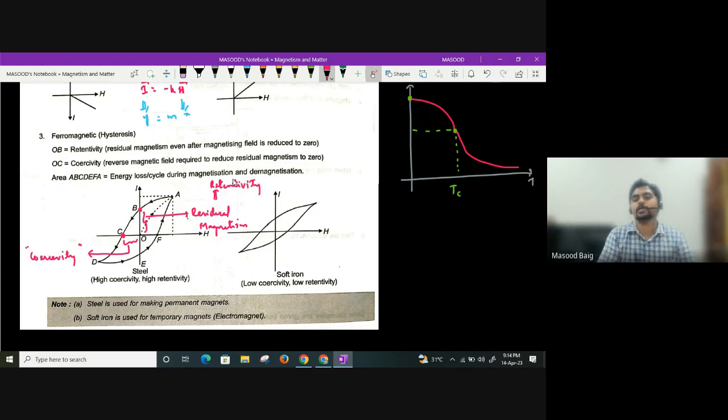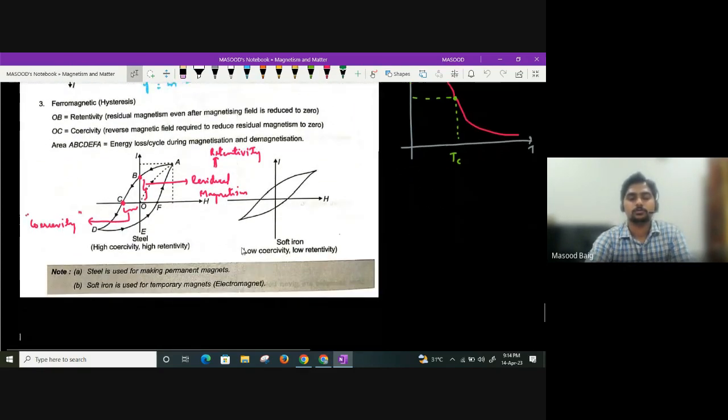Whichever has more retentivity and more coercivity, those will be utilized for making permanent magnets or hard magnets. Those which have lesser retentivity and lesser coercivity are going to be for soft iron, or you can say for temporary magnets or soft bar magnets, guys. Clear, everyone?